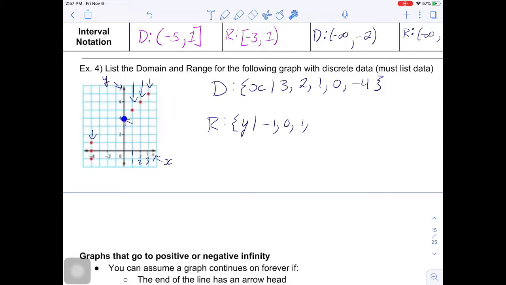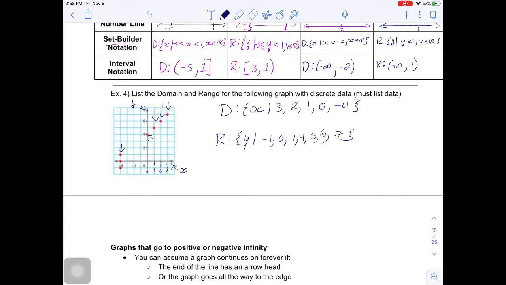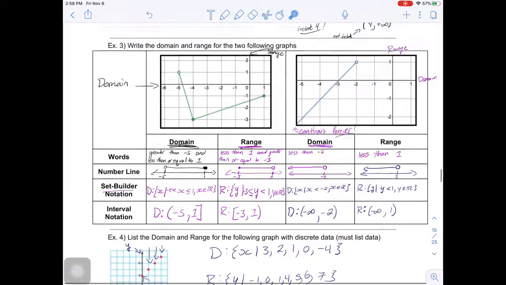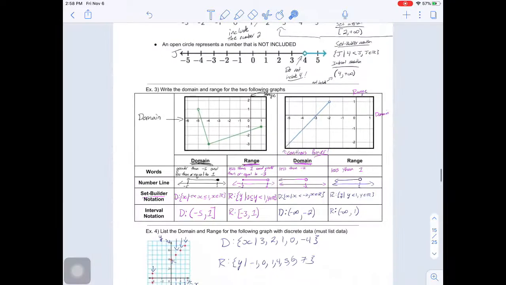There's no point found on 3, but there is a point found on 4. So 4. Here we are now on 5. We're on 6 as well. And finally, we are on 7. So now I've listed my discrete data. This doesn't happen a ton, but it is worth mentioning. This is the thing that you really got to get used to, as this is found in Math 30-1 and in 30-2, okay?